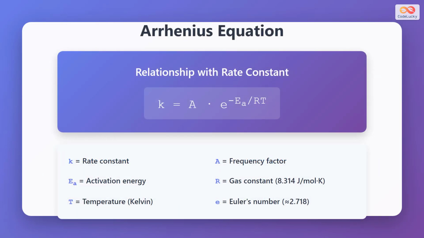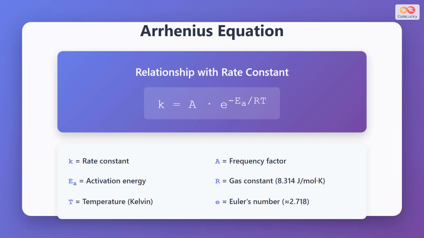The Arrhenius equation, mathematically, relates activation energy to the rate constant of a reaction. The equation is k equals A times e to the power of negative E sub A divided by RT. Here, k is the rate constant, A is the frequency factor representing the number of collisions with proper orientation, E sub A is the activation energy, R is the universal gas constant with a value of 8.314 joules per mole Kelvin, T is the absolute temperature in Kelvin, and e is Euler's number, approximately 2.718.